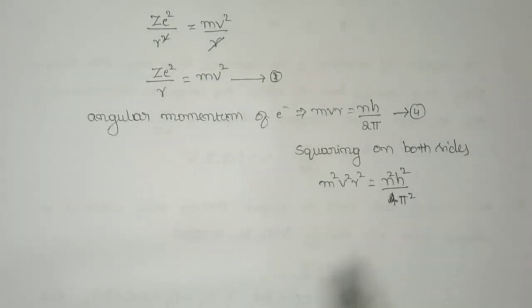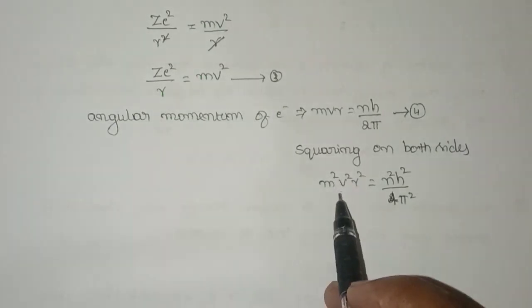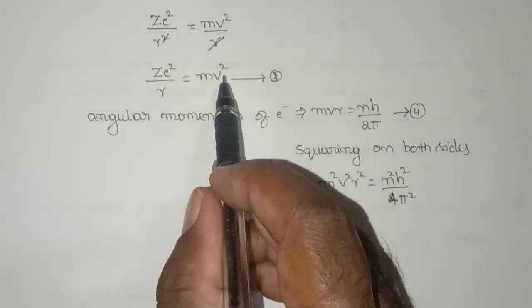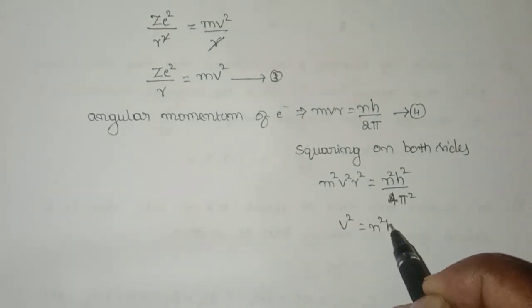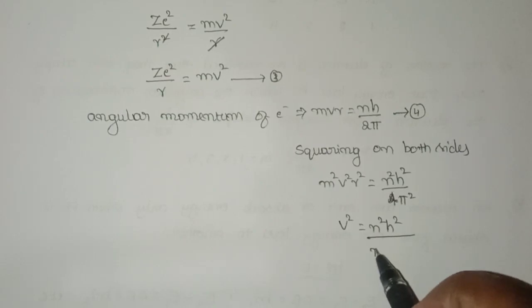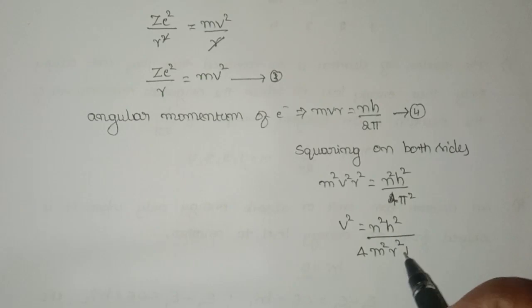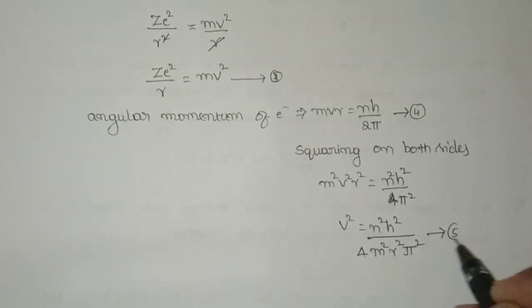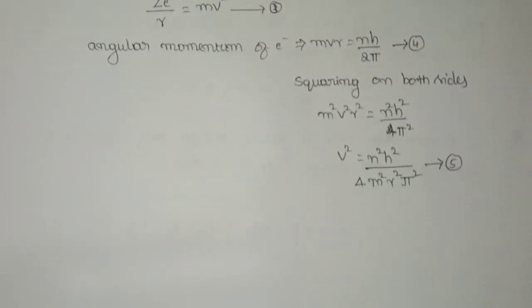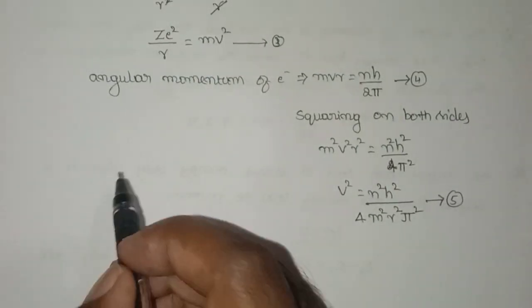We squared this equation in order to get the value of v square. So v square equals n square h square by m square r square 4 pi square. Let me consider this as equation number 5. And now we shall substitute equation 5 in equation number 3.